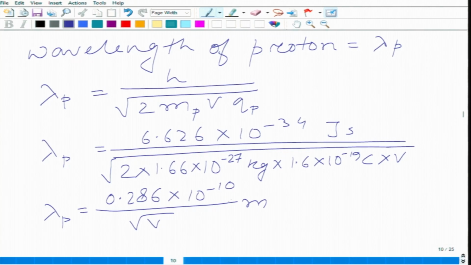Again, 10 to the power minus 10 meter is equal to 1 angstrom. So, we get lambda p is equal to 0.286 by root V angstrom.